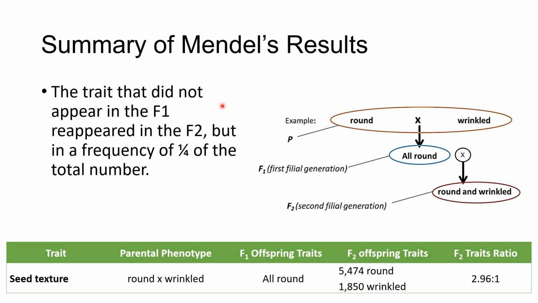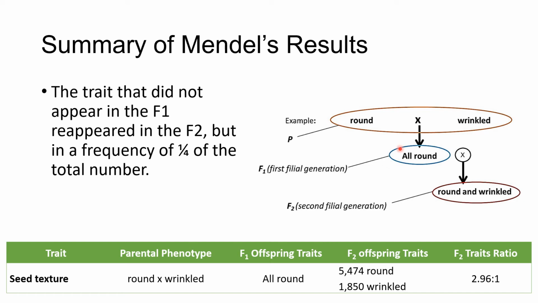Now, another one of its summary is that trait that did not appear in the F1 reappeared in the second generation, but in a frequency of 1/4 of the total number. So, yung mga traits daw, so like for example, yung round and wrinkled natin, di ba? Doon sa first generation, all round lahat yung nakita ni Mendel.